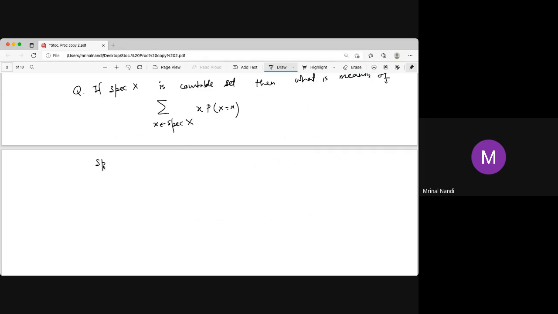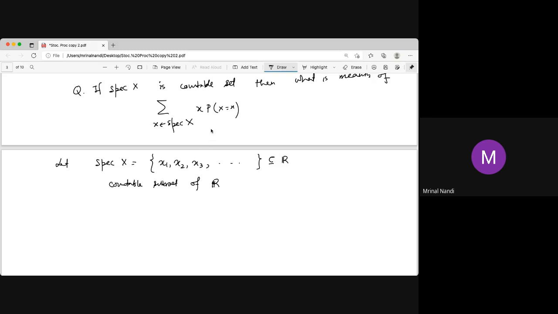Say our spec of X is some elements x1, x2, dot dot dot, a countable subset of R. For Poisson it is 0, 1, 2, dot dot dot. For binomial, Bernoulli, hypergeometric, negative binomial, these are finite. But for Poisson or geometric, these are infinite.